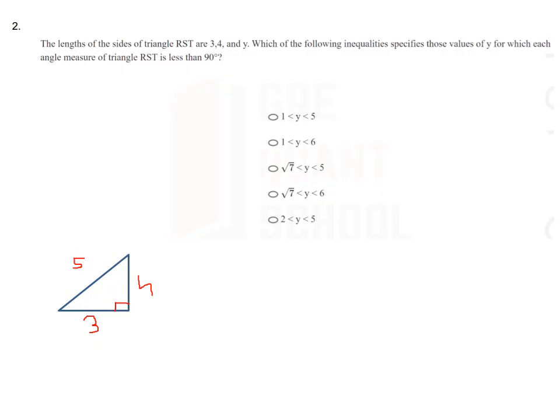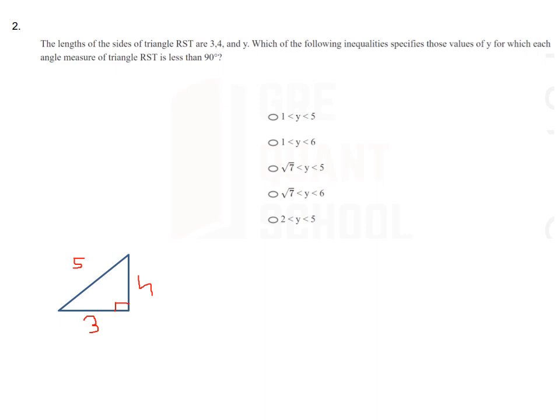For the triangle which has one angle as 90 degrees, we'll get hypotenuse as 5. So now from the question, for values of y for which each angle of triangle RST is less than 90, the hypotenuse must be less than 5.